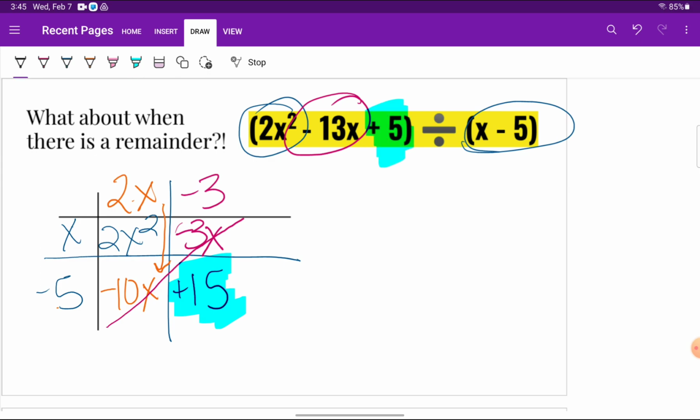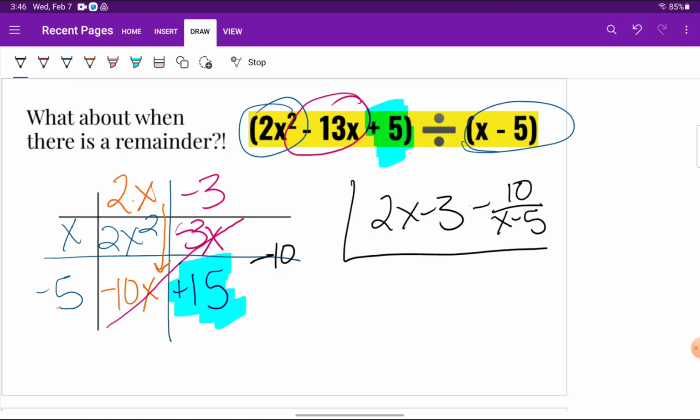How do I fix it? Well, I fix it by subtracting 10. So my final answer, 2x minus 3 minus 10 over x minus 5. It's exactly the same thing we do with long division, right? We take whatever that number was that was left and put it over what we divided by.